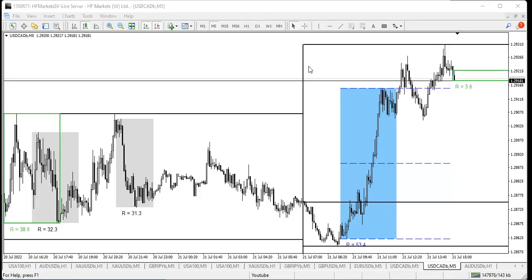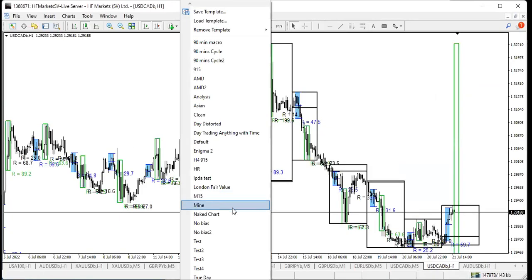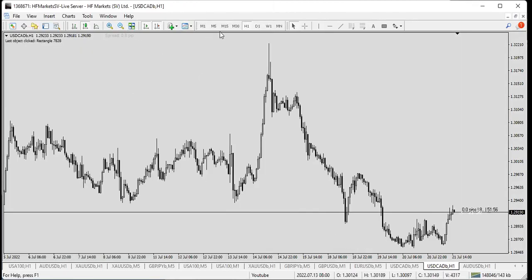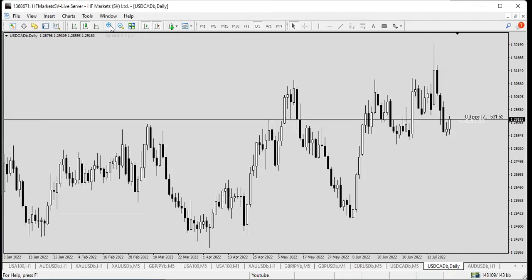If we hop to, what's this, UCAD. Quick daily. Daily range for UCAD looks very wild, but the overarching structure already looks like it's breaking out.